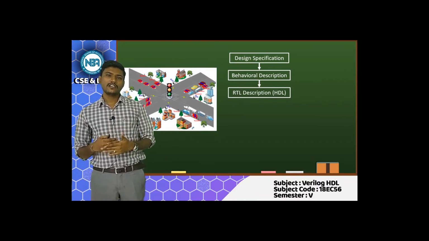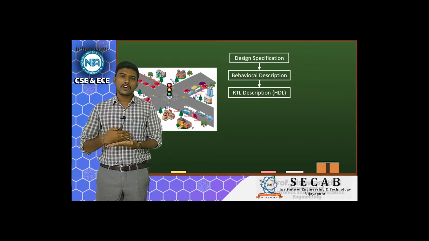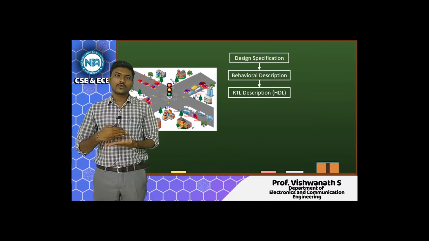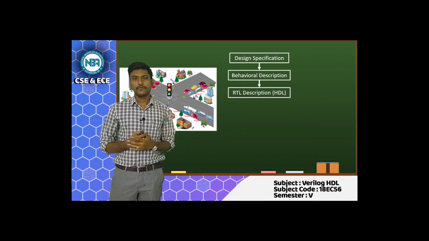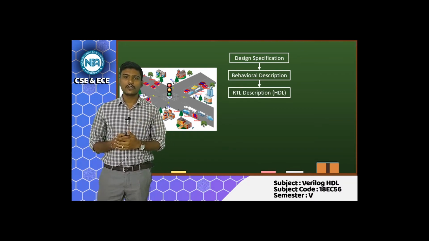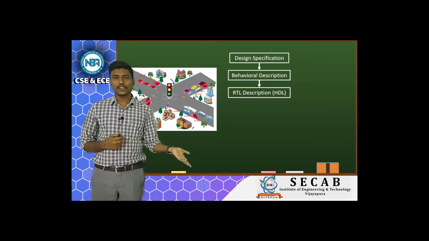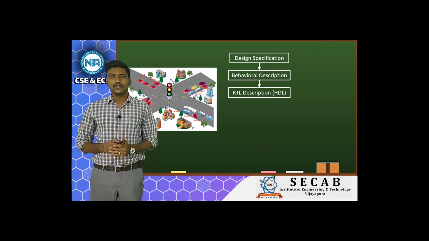So in HDLs, we are taking all those inputs and how the output behaves, and we write that in Verilog HDL or VHDL. Any one of the two languages you can write; either you can go for Verilog HDL or VHDL.